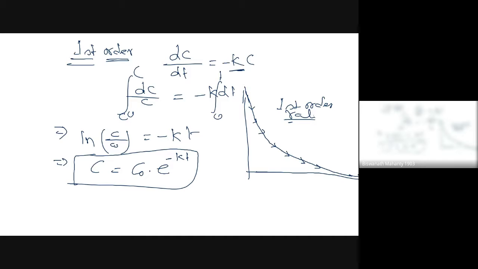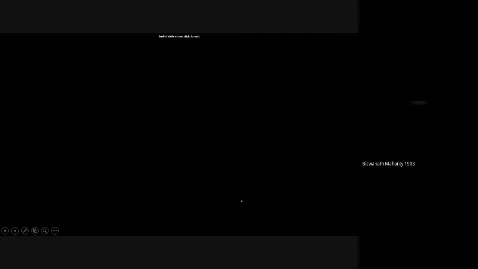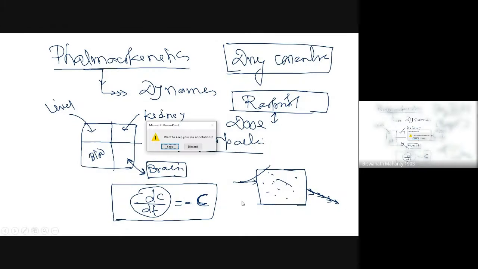Most of the time decay happens like this, first order only. And when absorption is happening, the absorption rate again depends on how much drug is there. So basically, if I just put some 2 slides.